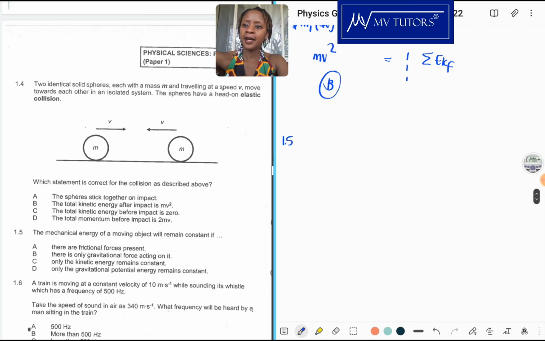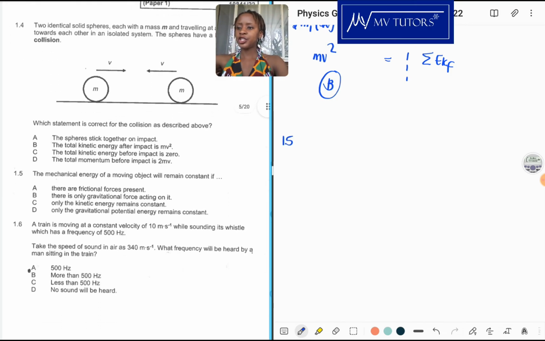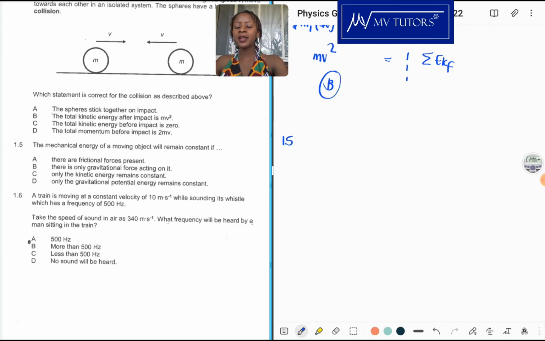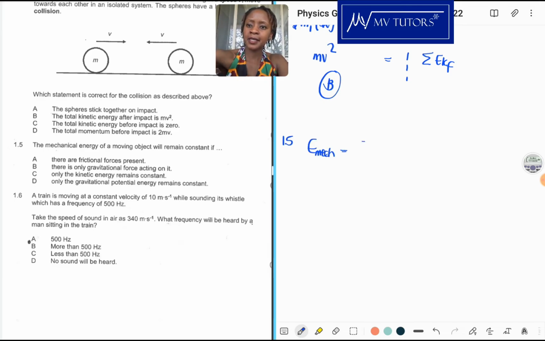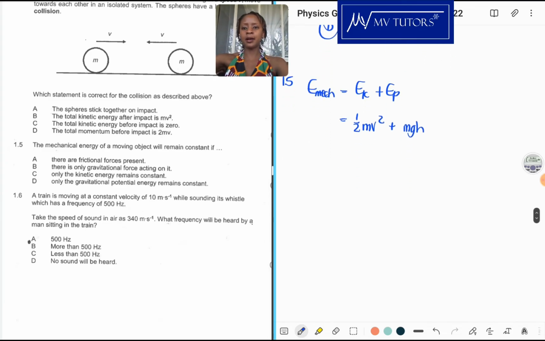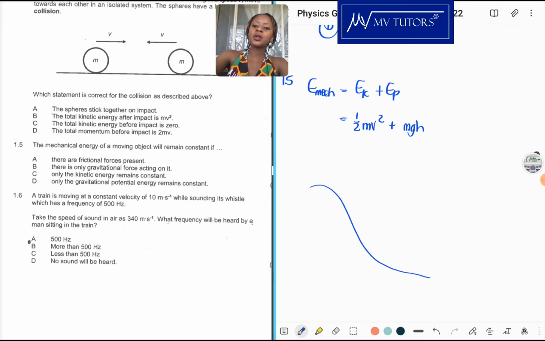And then 1.5. The mechanical energy of a moving object will remain constant if... Okay, so mechanical energy is basically equal to the kinetic energy plus potential energy. That will be half m v squared plus mgh. If you think of an example of mechanical energy, you would think of maybe a slide, or even a roller coaster.